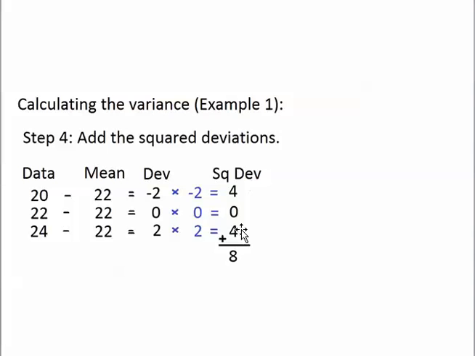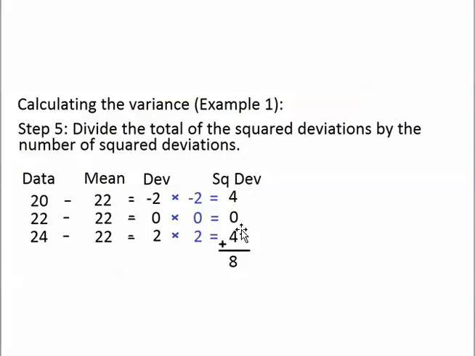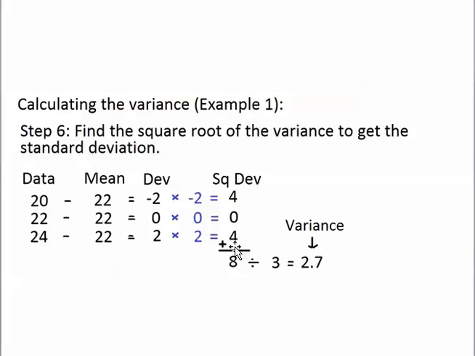So we divide by the number of squared deviations, which is 3 in this case, 1, 2, 3, and we get our variance of 2.7. And if we want the standard deviation, it's just the square root of the variance. If the variance is 2.7, the standard deviation is 1.6.